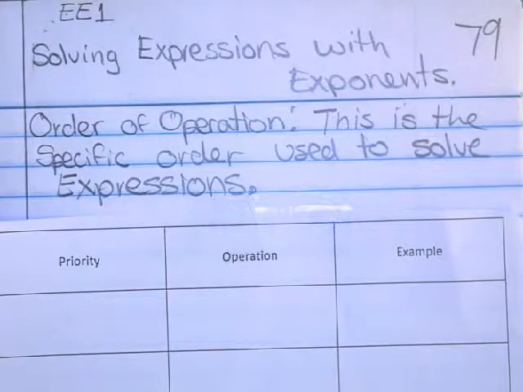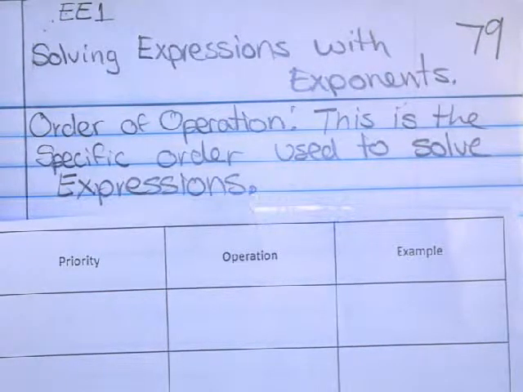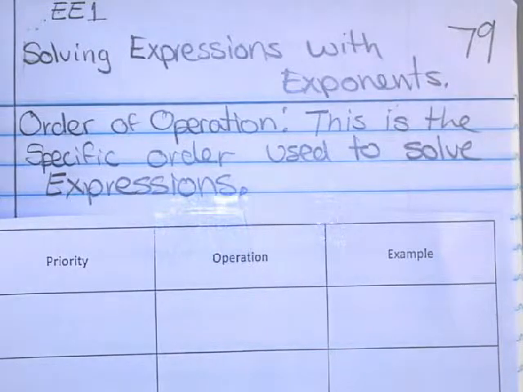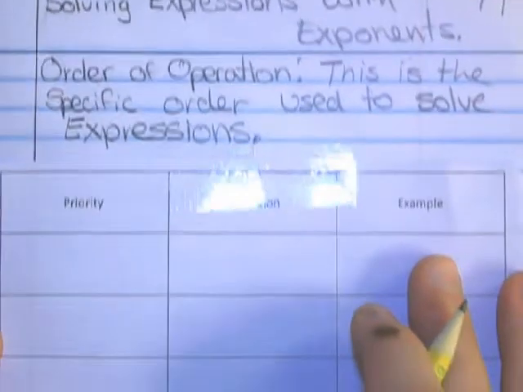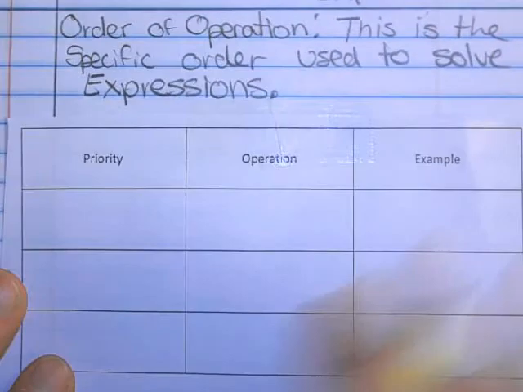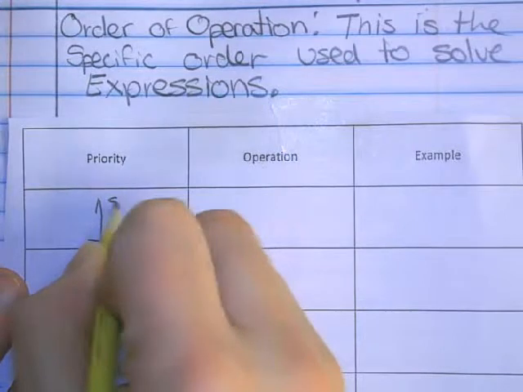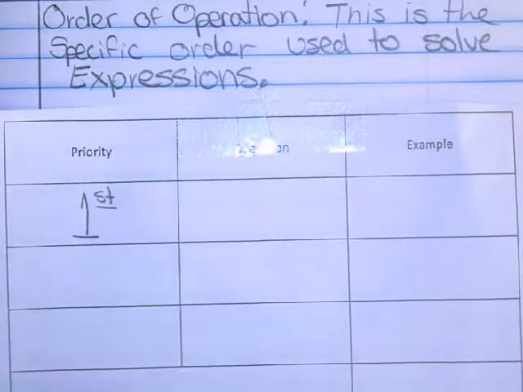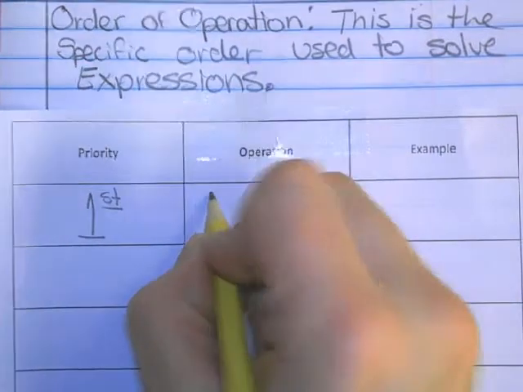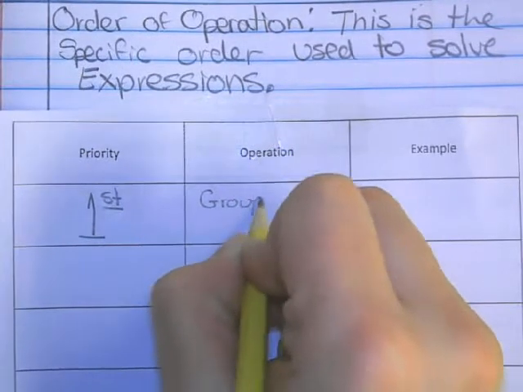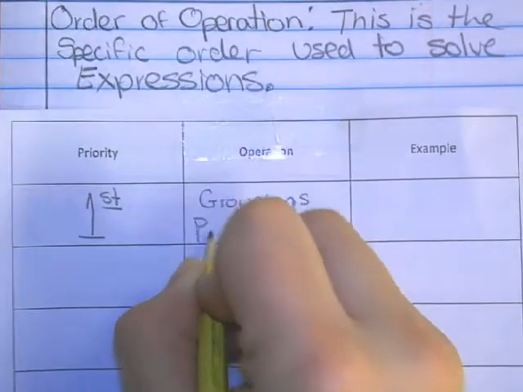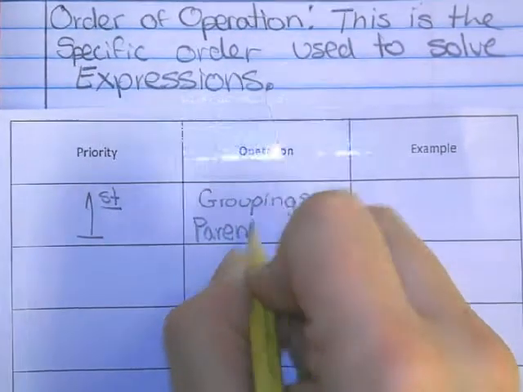So we have laid this out in priorities. What do you do first? What do you do second? What do you do third? What do you do fourth? We have an order in which to do these. So we have priority 1, the thing that you're going to want to do first. The operation that comes first is any grouping. Most of the time those groupings would take the form of parentheses.